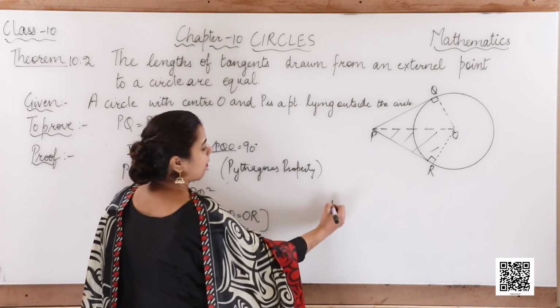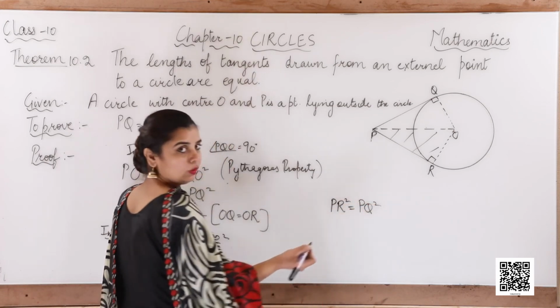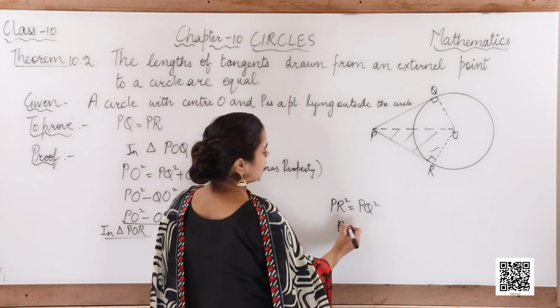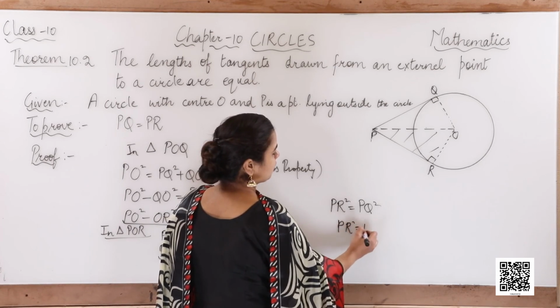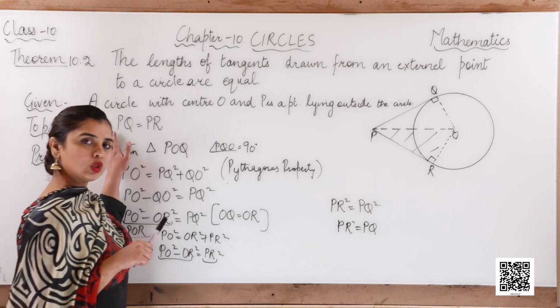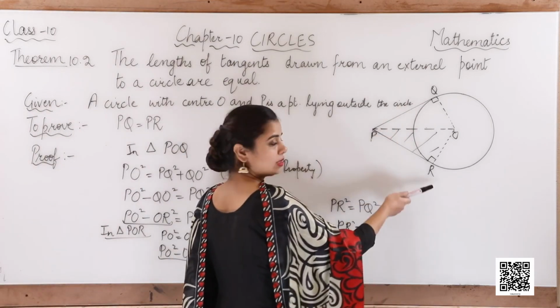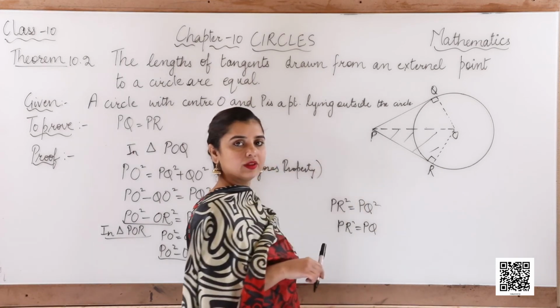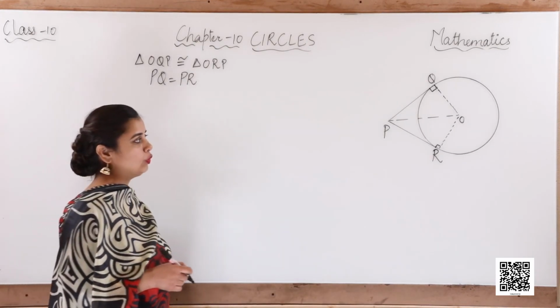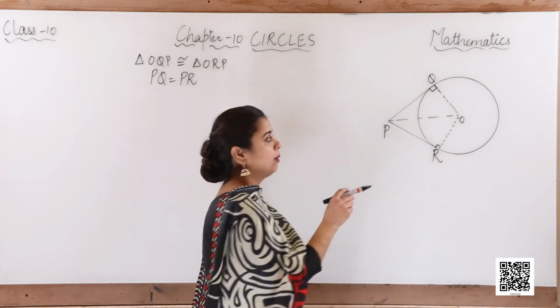So we get PR square is equal to PQ square, and square rooting both sides, I'll get PR is equal to PQ. So haven't we reached what we had to prove? That is PQ is equal to PR, that is tangents from the external point to the same circle are equal in length.